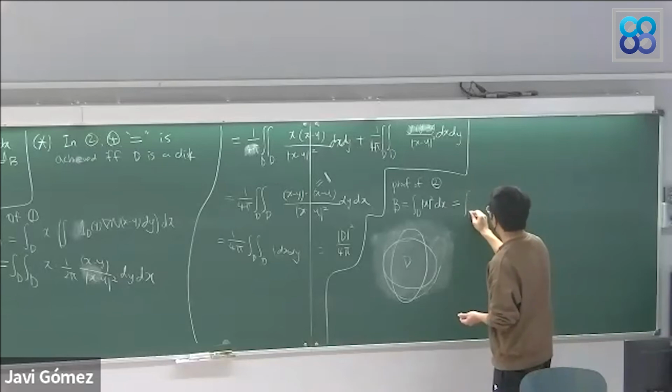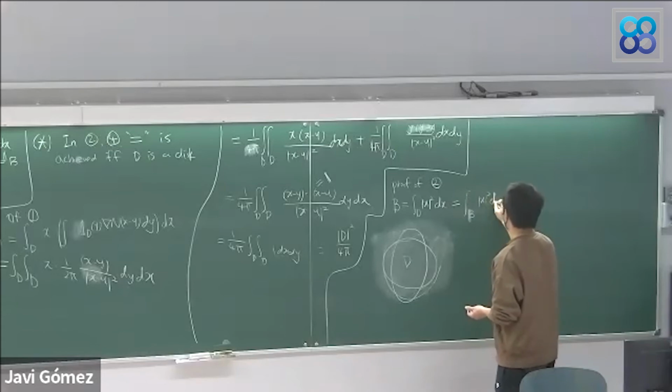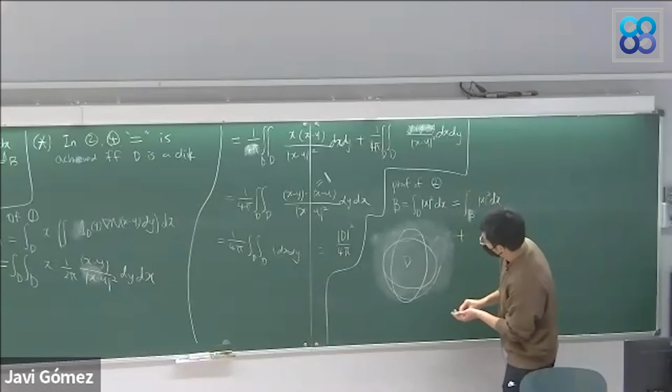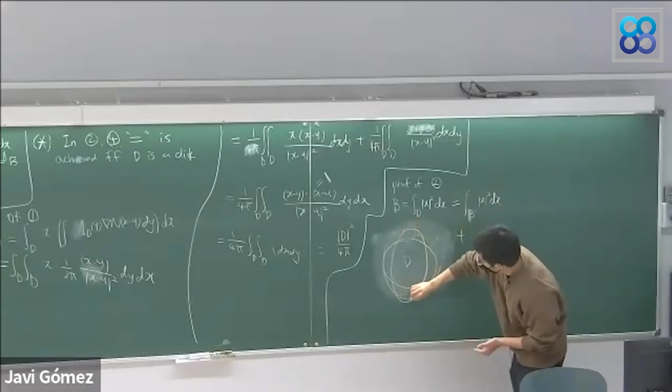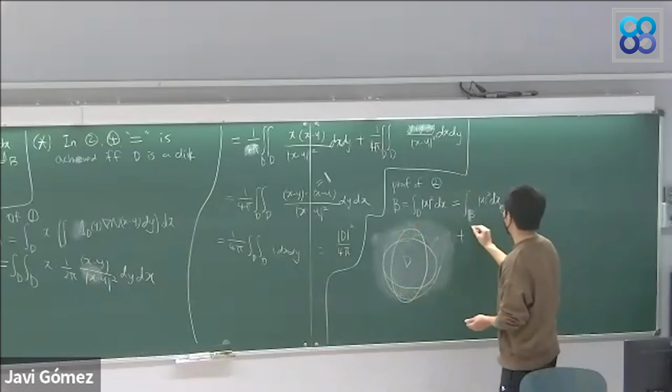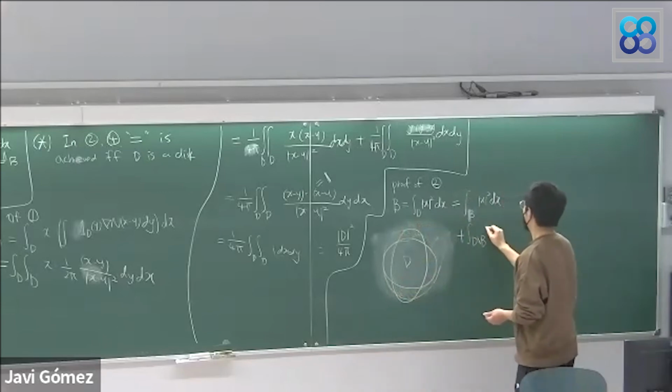first we integrate on the disk, and then we have to add this part, right? That is going to be the integral over B minus the integral of x squared dx.